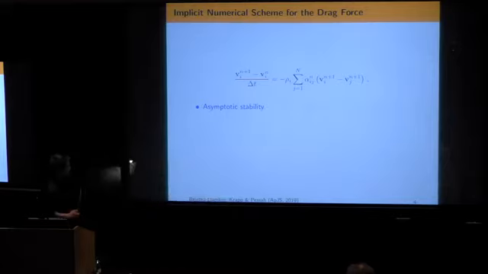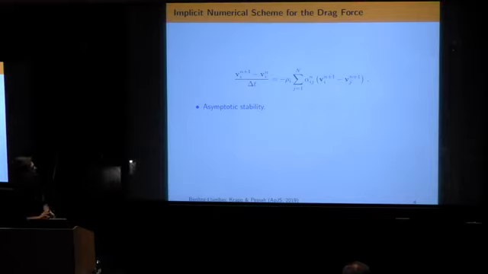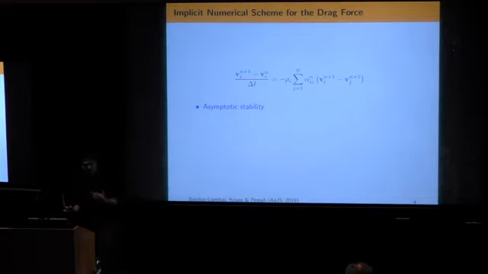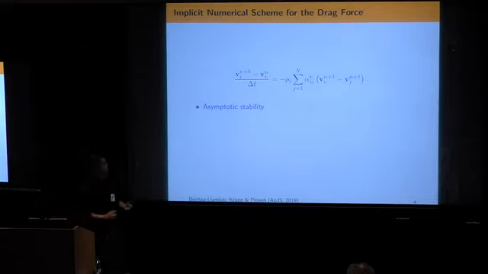This is very interesting because it has many properties that are very important when you want to solve numerically. One of those properties is stability. It is asymptotically stable. That means that the numerical error is bounded, and furthermore, the error decreases to 0 as you iterate the time step.